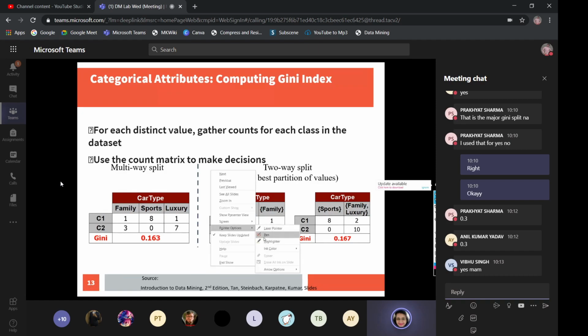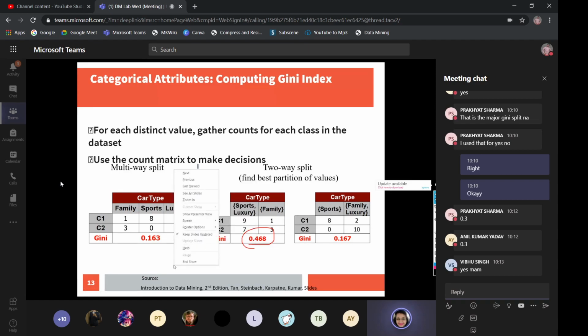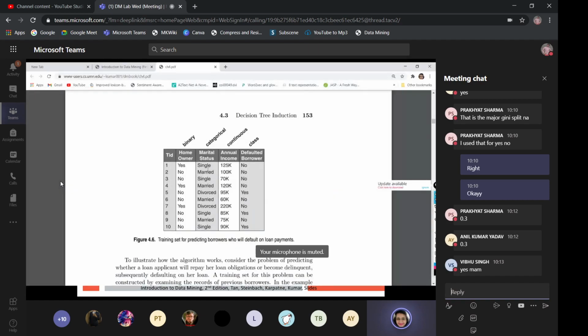In our marital status example, we have not done anything of this sort. But here you try different combinations and see which one gives the maximum gain. Doing it individually this was the answer, and when we combined, this gave us the maximum gain. Now let's do this for marital status once again.